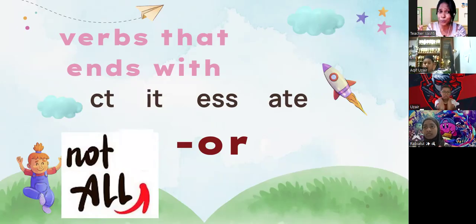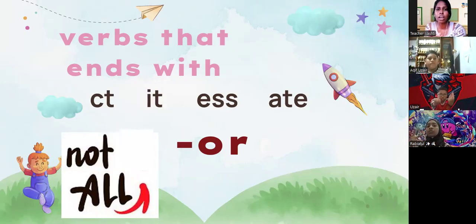Cikgu ajar lagu. But lagu tu boleh guna 60% sahaja. Bukan semua perkataan yang habis dengan CT, IT, S or 8 boleh tambah OR. Ada kalanya juga kena tambah ER. Bagaimana nak tahu? How do you know that?